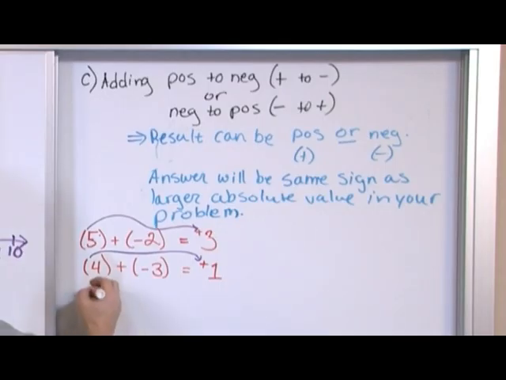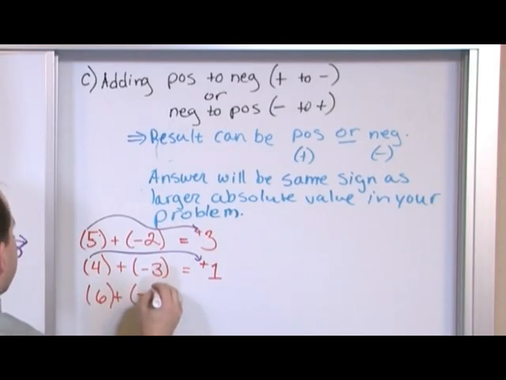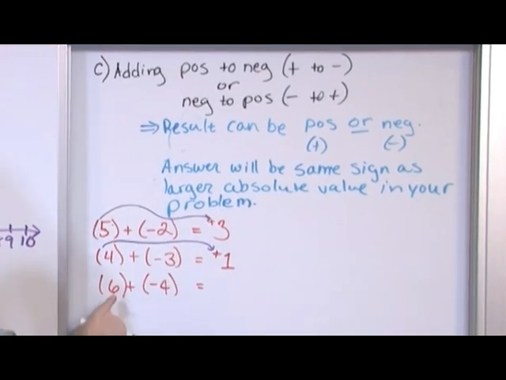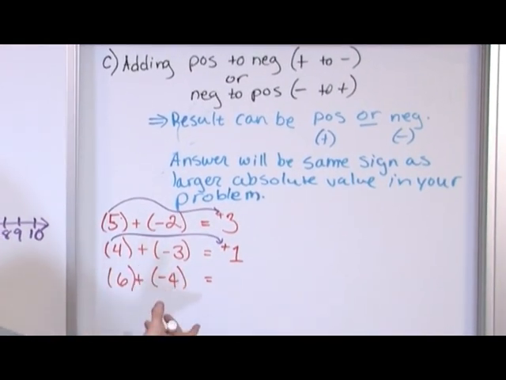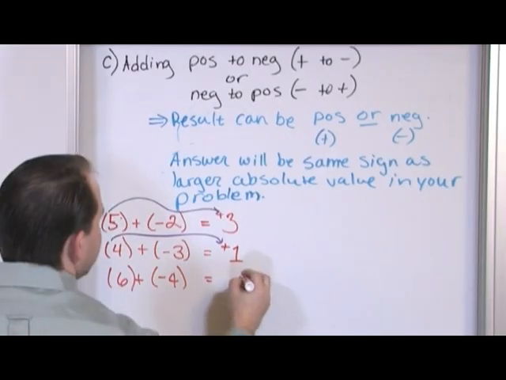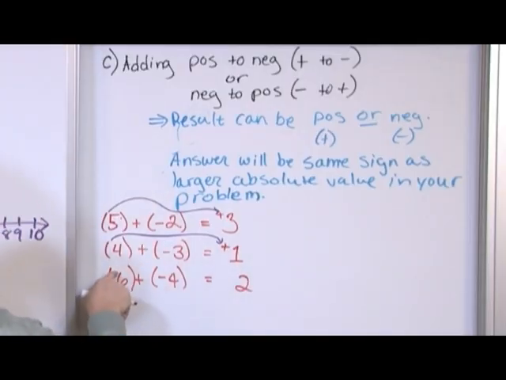Do a couple of additional. 6 plus negative 4. All right? So what you do when you have it with different signs, no matter if it's negative plus positive or positive plus negative, is you just simply subtract the numbers. 6 minus 4 gives me 2. And the bigger number is positive, so there's a positive sign there. When I say the bigger number, it's the absolute value, right?